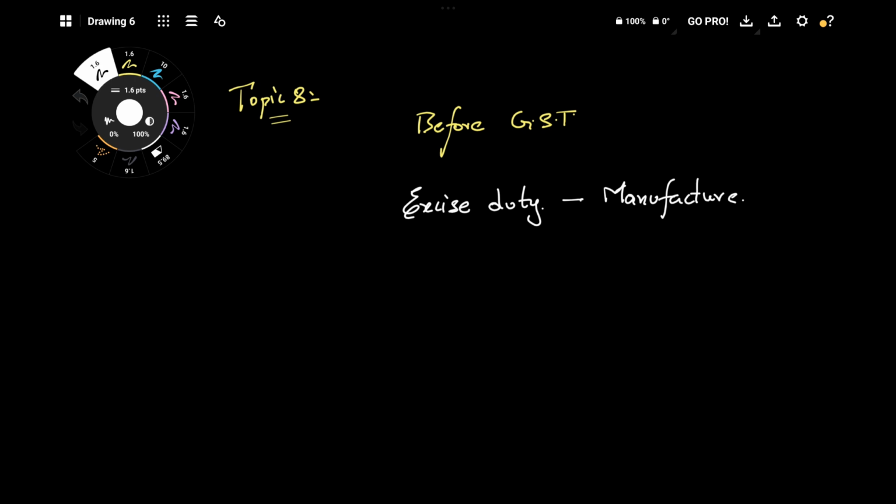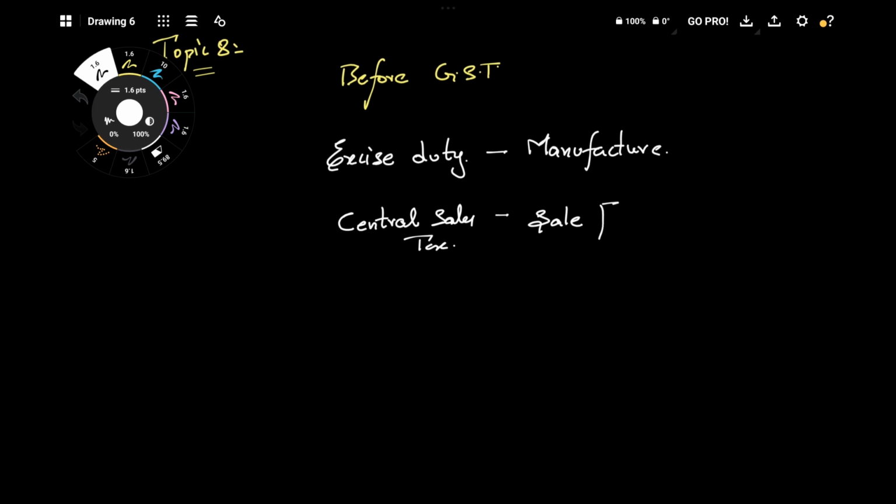And there is a tax called CST, central sales tax. It is on sale, that is, interstate sale.